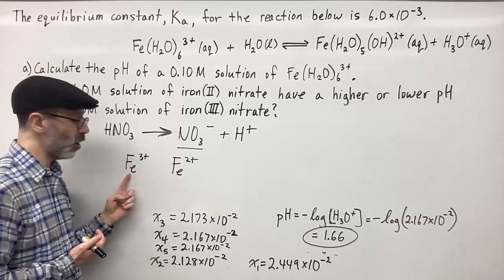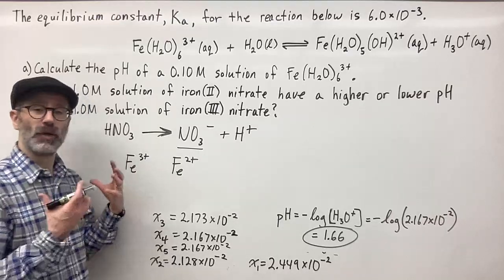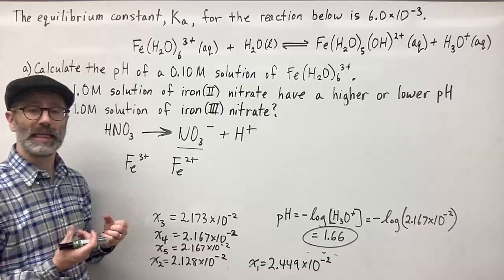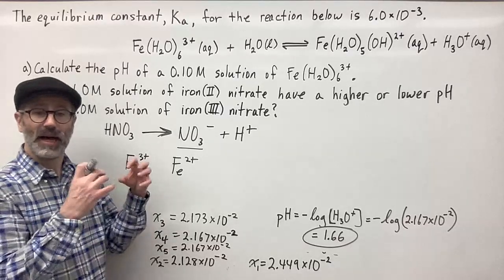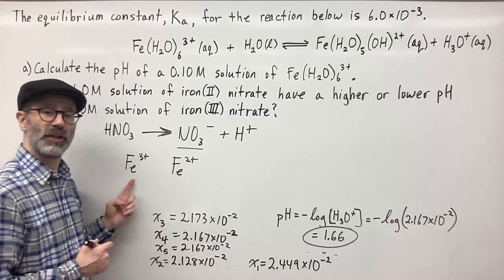It's very small. So that very small ion with a large charge is going to have a very strong attractive force pulling the electron density away from the waters that are bonded to the central ion here, the Fe3 plus.